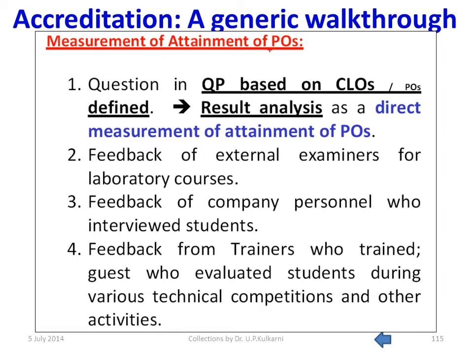Measurement of attainment of PO is done this way: questions in the question paper based on course learning outcomes, result analysis as a direct measurement of attainment of POs, feedback of external examiners for laboratory, feedback of company personnel who interviewed the students, and feedback from the trainer or guest who evaluated the students during various technical competitions and other activities. So the question paper plays a very important role in measuring attainment of POs.